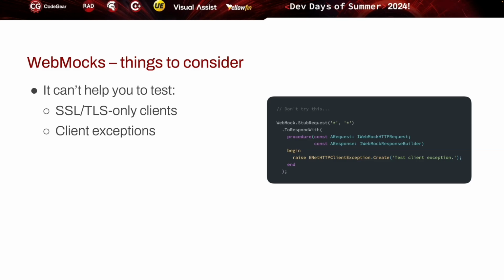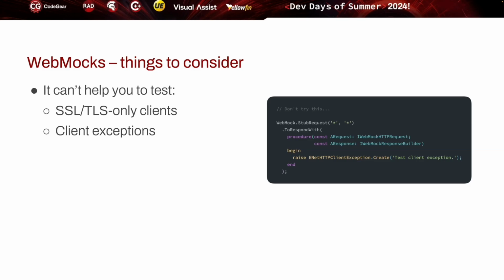Your clients need to be able to override the endpoint so you can test them with WebMocks, and testing it with HTTP should be good enough in your tests. But then obviously most clients these days work over HTTPS by default when talking to real world servers. So you need to have a mechanism for testing that. It's just not WebMocks.